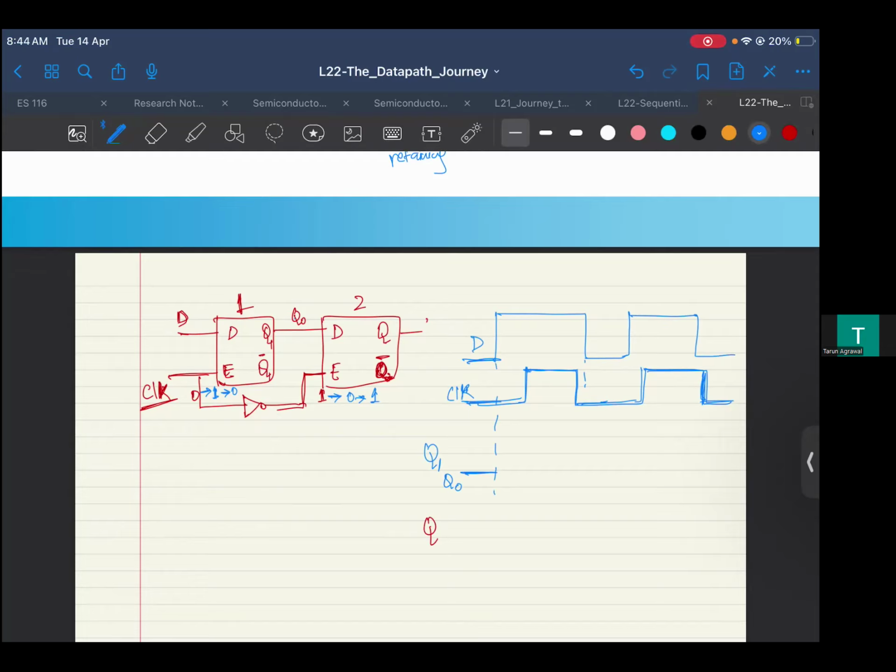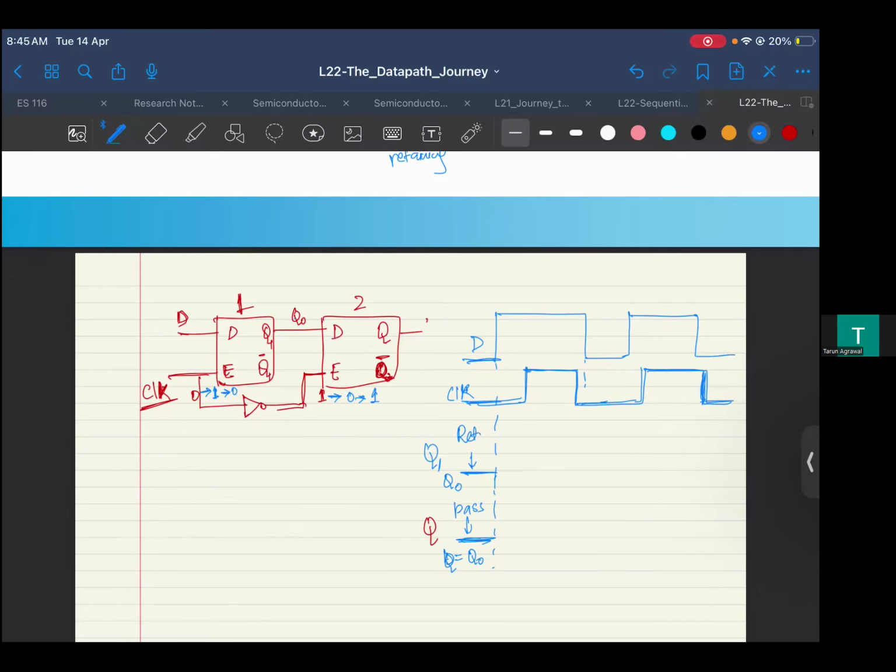And the same thing, when the clock was 0, this signal for the second latch would be 1. So that means it would pass whatever was there. So this is the passing state, so Q is equal to Q. This is retaining, this is pass.